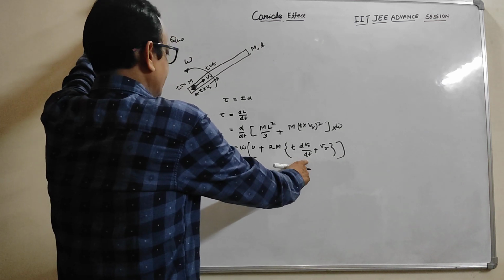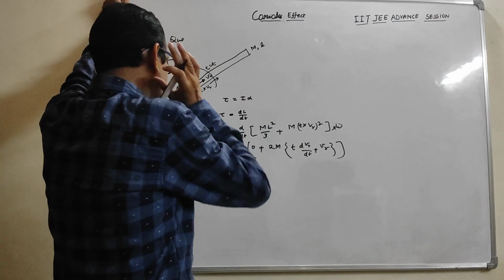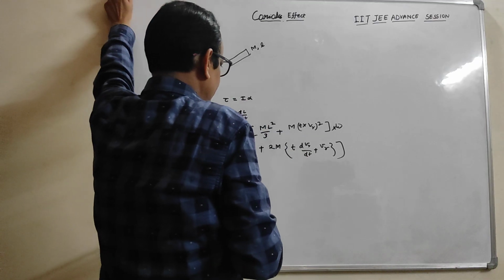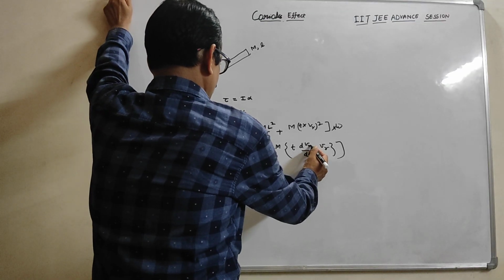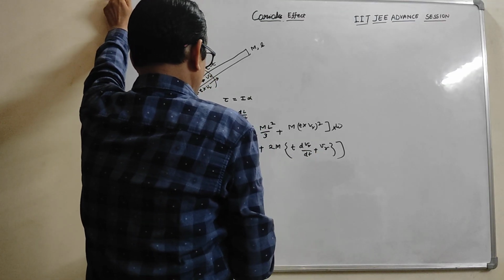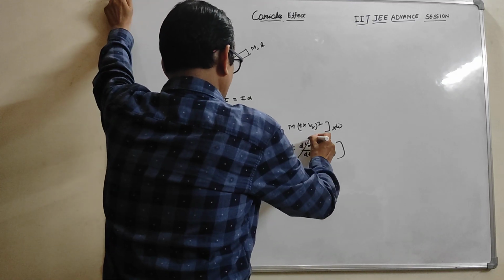The insect is moving with constant velocity, so the acceleration term also becomes 0.